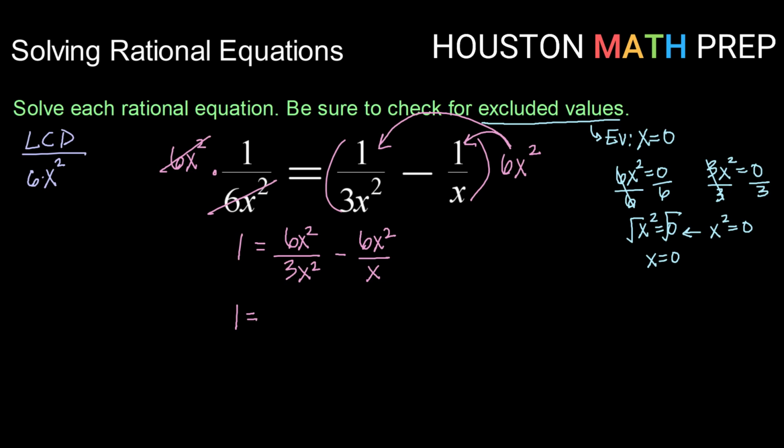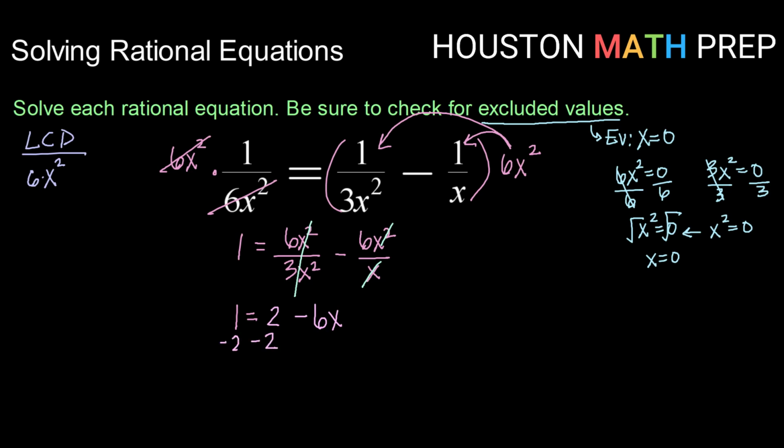Simplifying 6x squared over 3x squared, my factors of x squared cancel out, and 6 divided by 3 leaves me with 2. Simplifying 6x squared over x, one factor of x will cancel out, and that leaves me with minus 6x. So here's my linear equation.